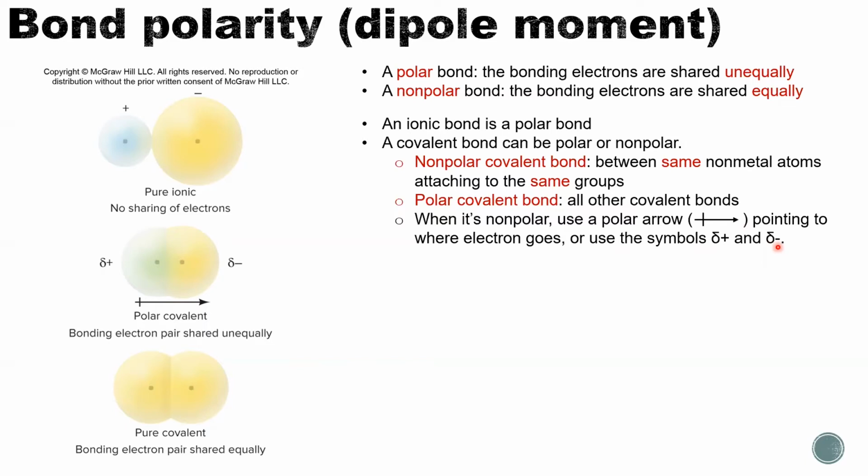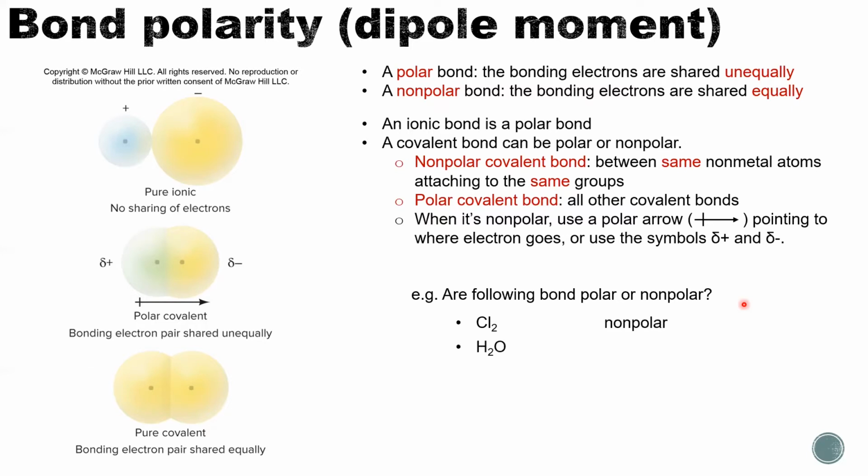Okay, so let's take a look at an example. Are the following bonds polar or nonpolar? First, the bond in chlorine. Because for chlorine gas, it's only chlorine, right? So those bonding atoms are the same and have the same environment, so it's a nonpolar covalent bond.